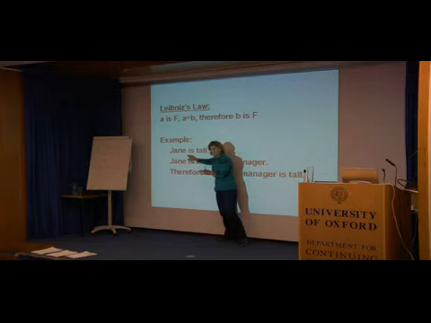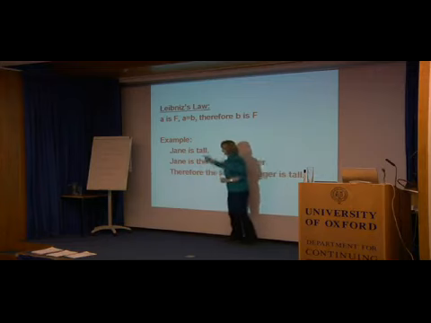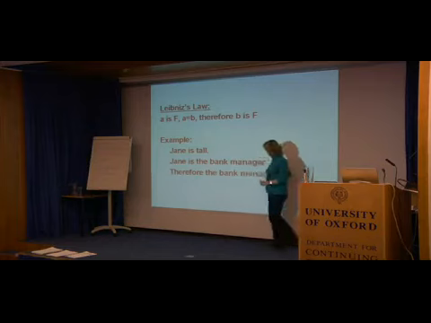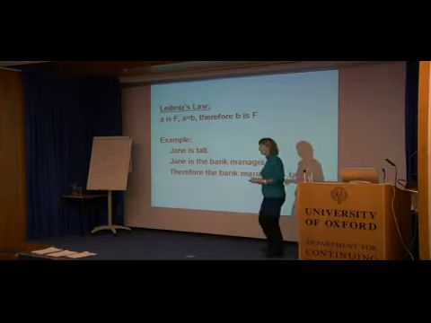Are you with me? And here we've got the is of identity: Jane is the bank manager. If that's true and that's true, that has to be true, doesn't it? Because the bank manager is Jane, isn't she? Yes.